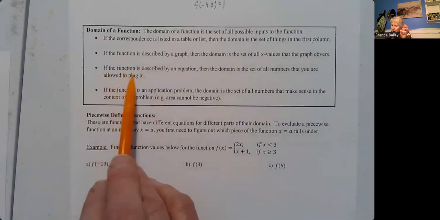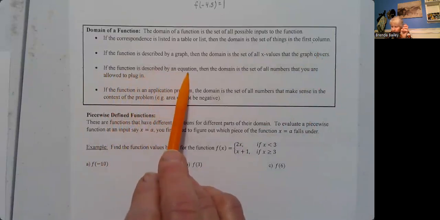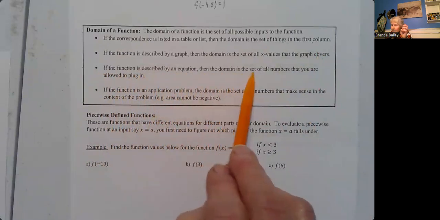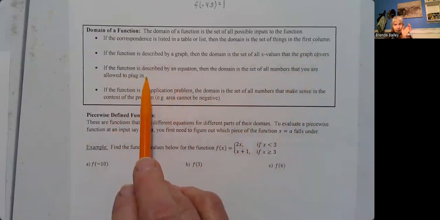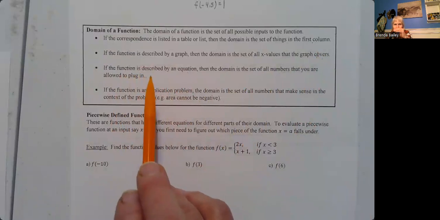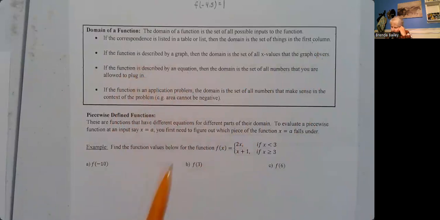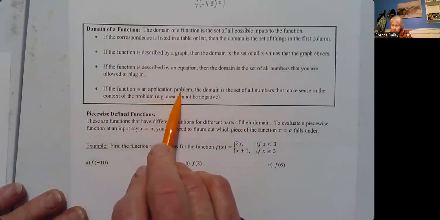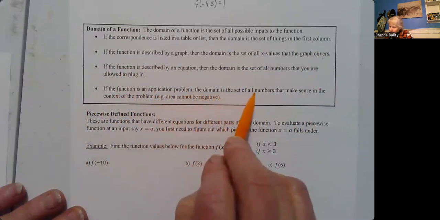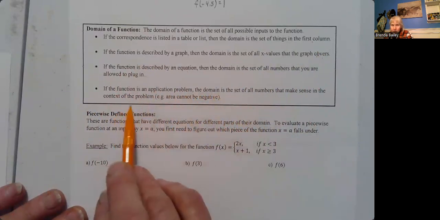If the function is described by an equation, then the domain is the set of all numbers that you are allowed to plug in. So for right now, it's negative infinity to infinity unless you have an x in the denominator, and then you have to set that denominator equal to 0. Otherwise, it's negative infinity to infinity. And if the function is an application problem, the domain is the set of all numbers that make sense in the context of the problem.